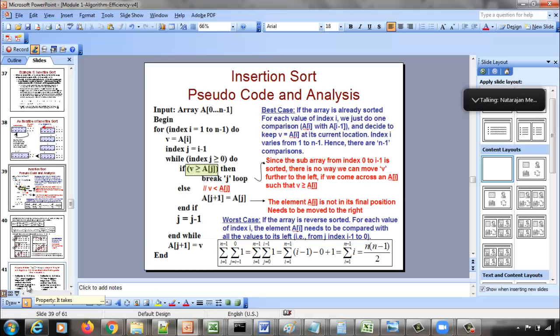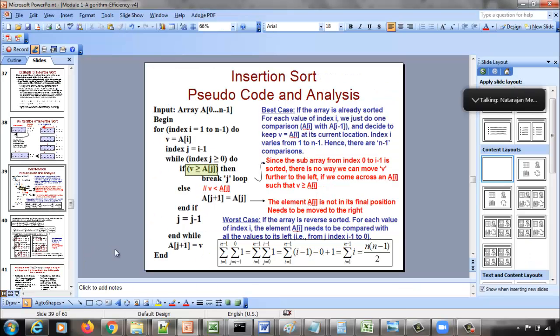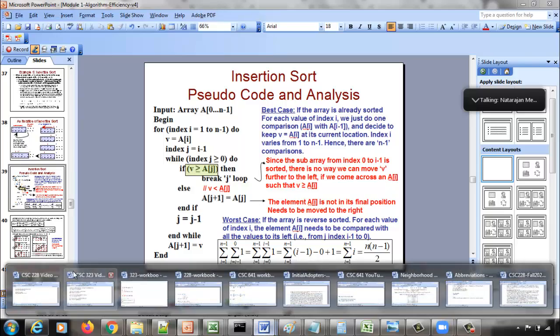Now the worst case will happen if the array is reverse sorted.